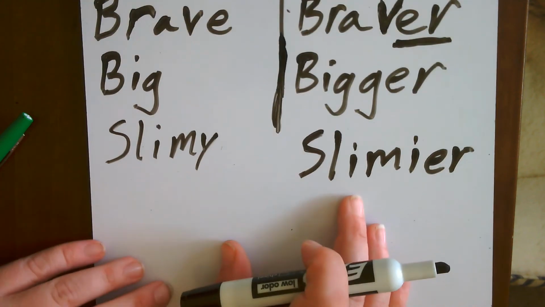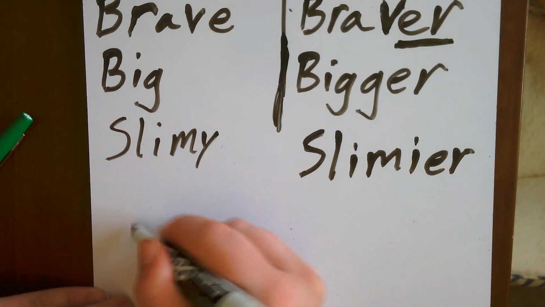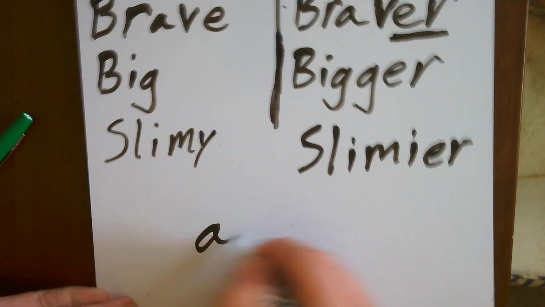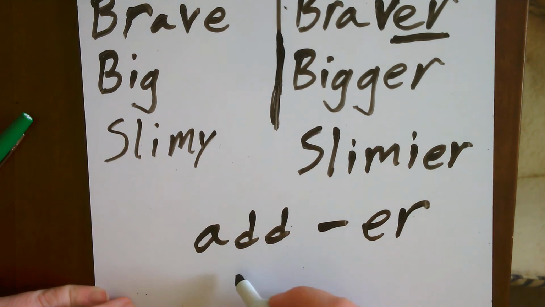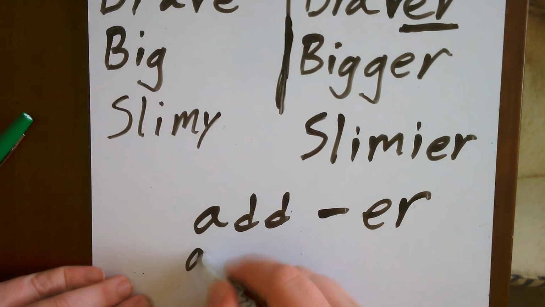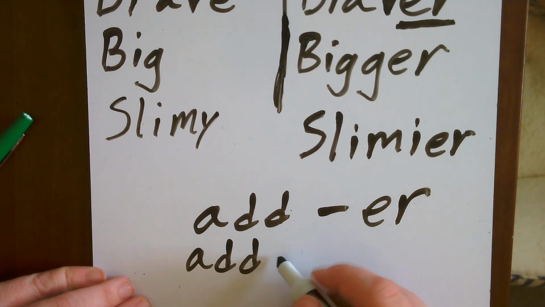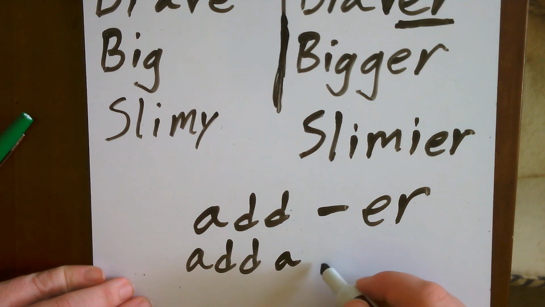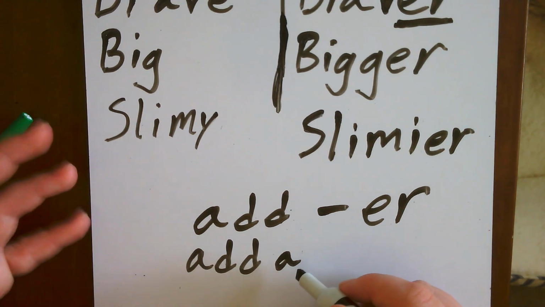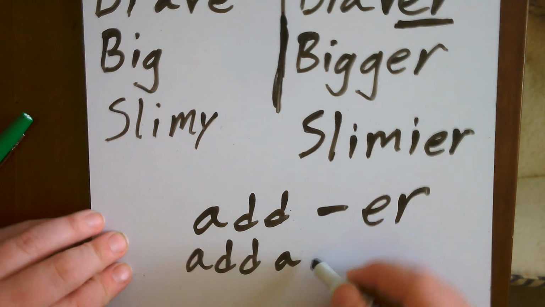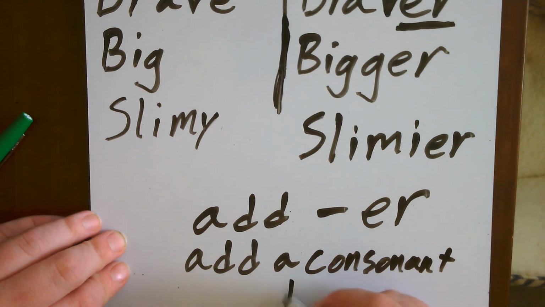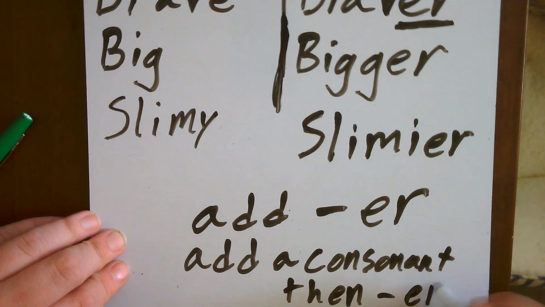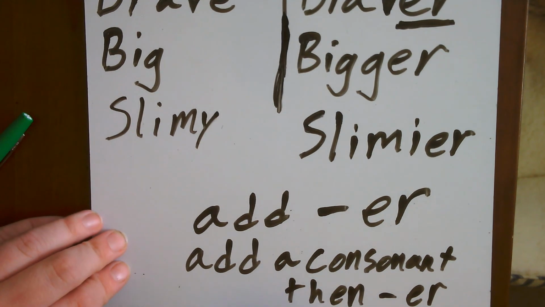So, to sum up comparative, you basically add either ER, or you add a consonant like G, D, B, mostly going to be one of those, then ER, or add IER.